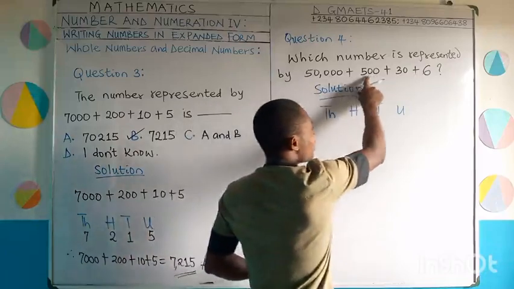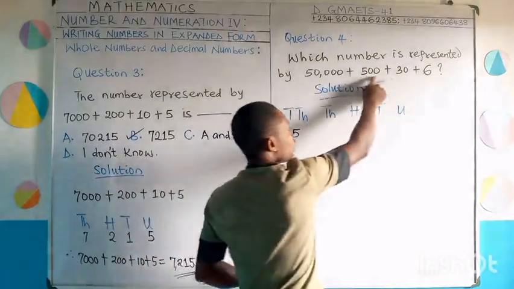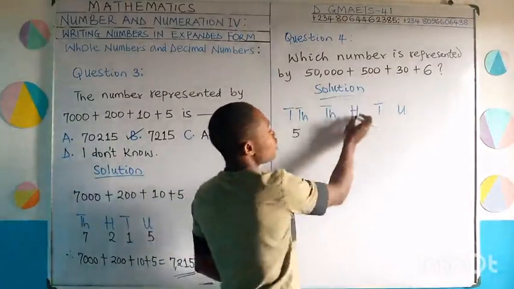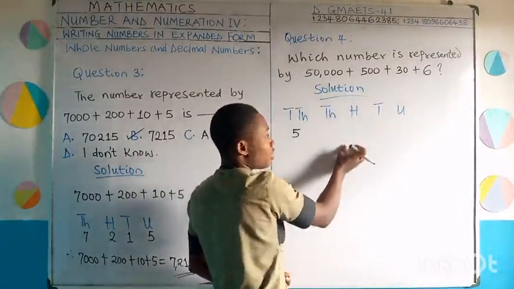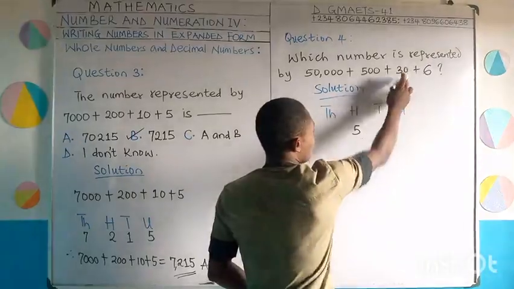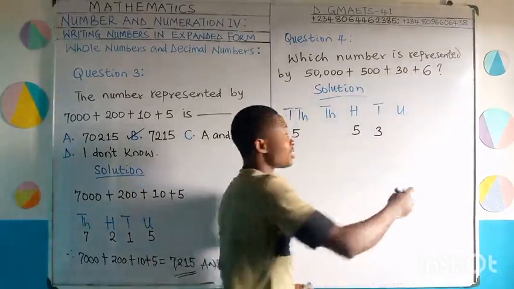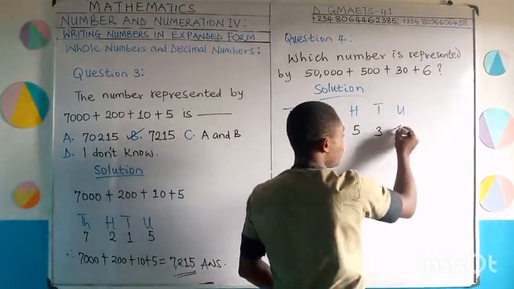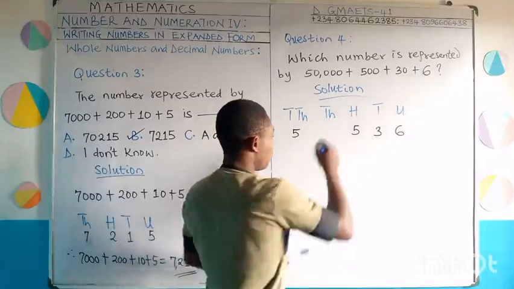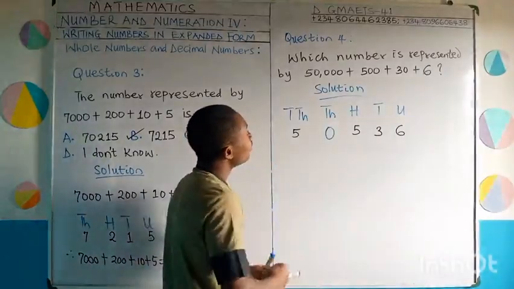Then this is 500. Will it come under 1,000? No. This is 1,000. This is 100. So this 500 is meant to come under the place value 100. You pick this 5, fix it under this. Then this 30 is under tens. 6 is one digit, so it's units. Now, 1,000 is empty. So what do you do? You fix up 0 there.